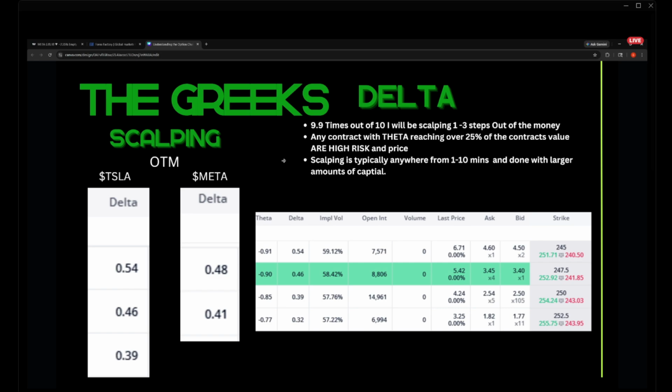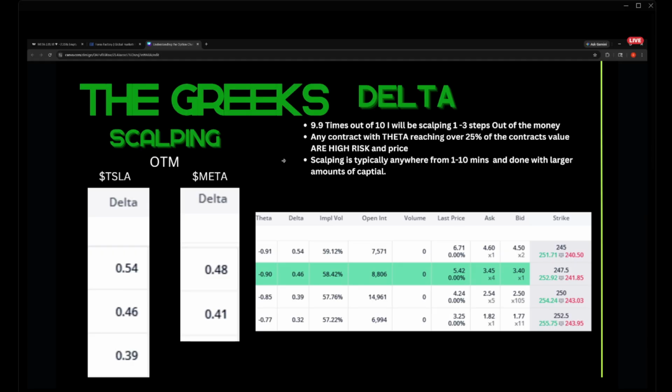Any contract with a theta reaching over 25% of the contract's value is high risk, right? If I have a theta that's damn near a quarter of my contract, no. And the more expensive those contracts are, the worse it gets. Now, IWM is one of my favorites because I can trade 2, 3 steps out of the money for $60, for $80, and I can lower my risk and still accomplish my goal. Now, delta.